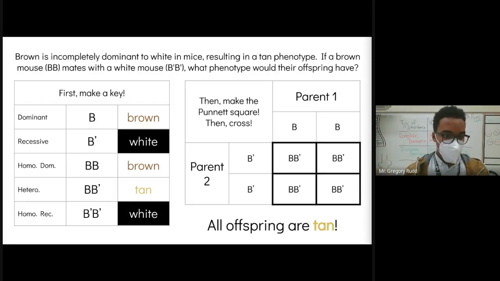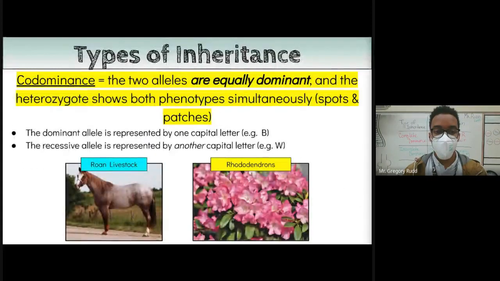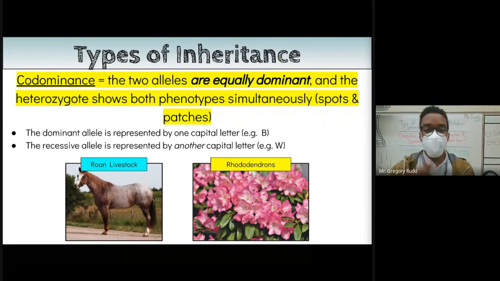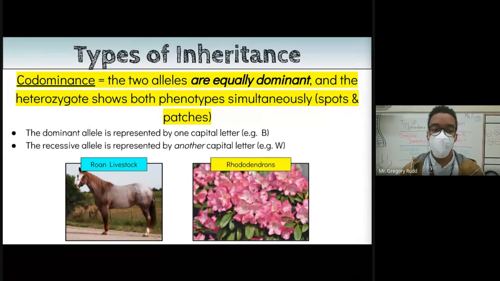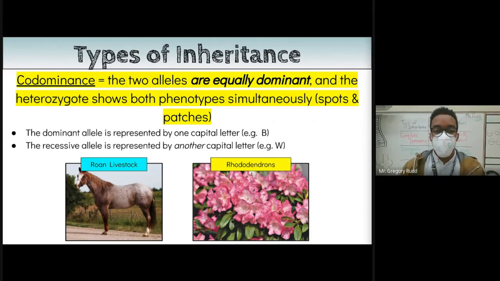All right, so let's move on. We'll talk about the next type of inheritance now. This third type of inheritance that we'll discuss is called codominance. So you've got complete dominance, incomplete dominance, and now codominance. In this type of inheritance, the two alleles are equally dominant.